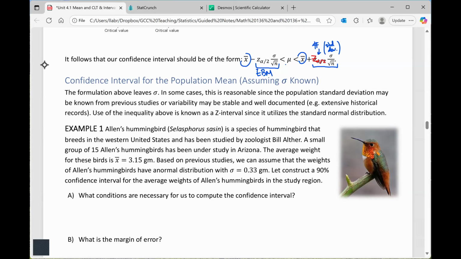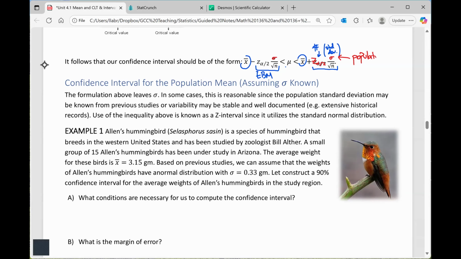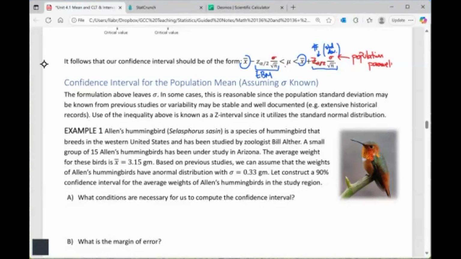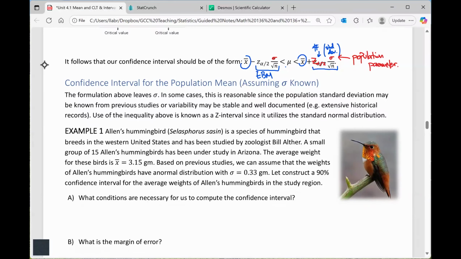And not only that, but we have sigma, which is a population parameter. And just like the population proportion, it's a value from the population, and we don't know it.